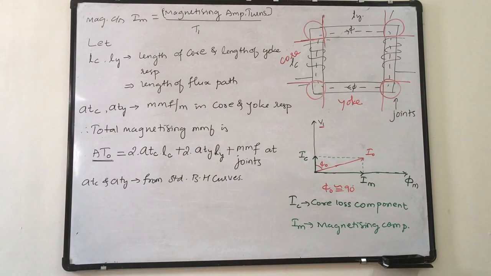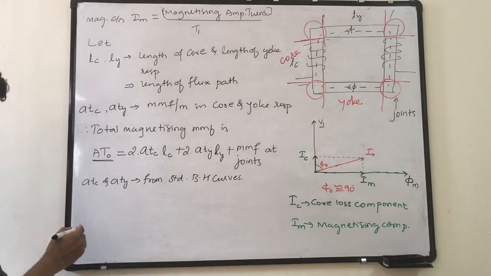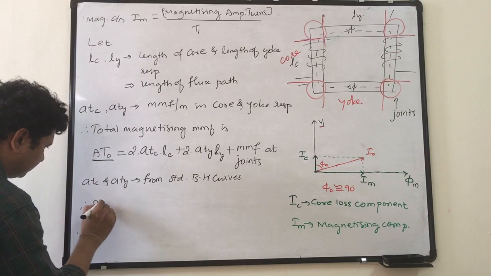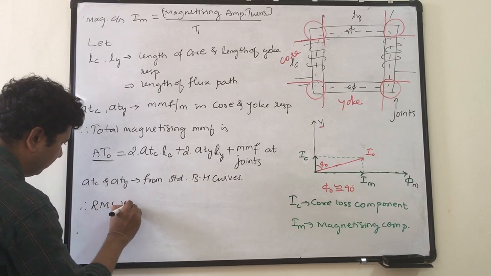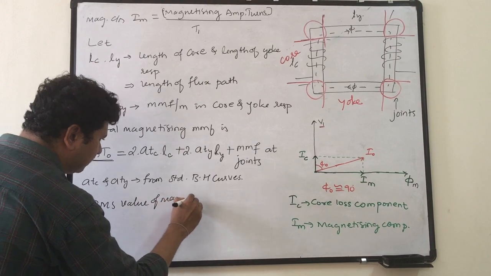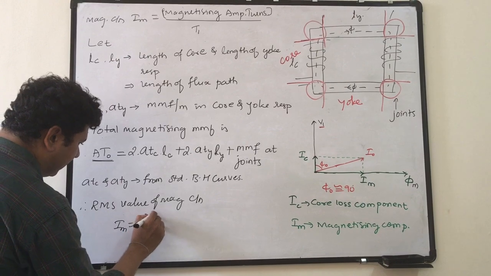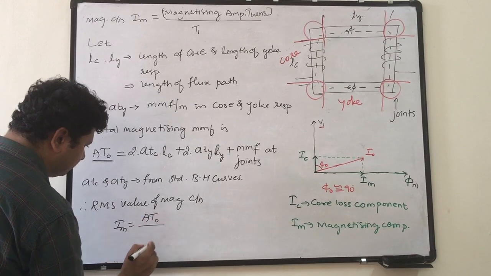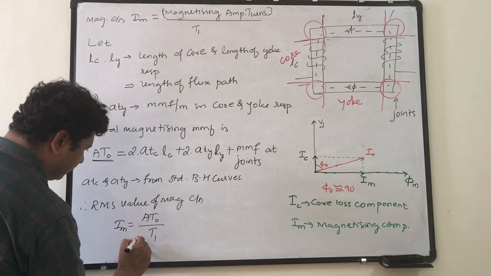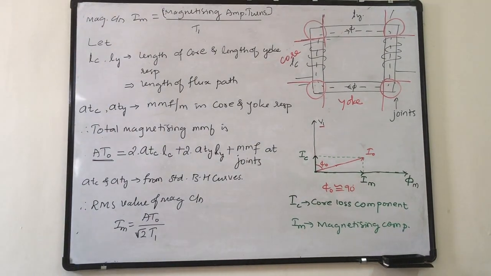So the RMS value of magnetizing current Im is equal to AT naught upon root 2 into T1.